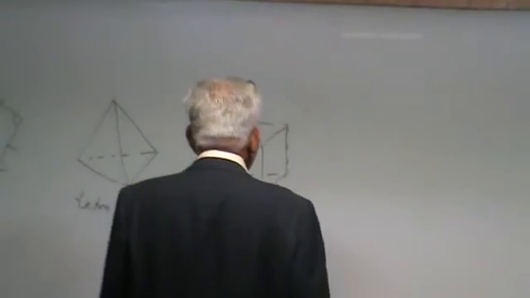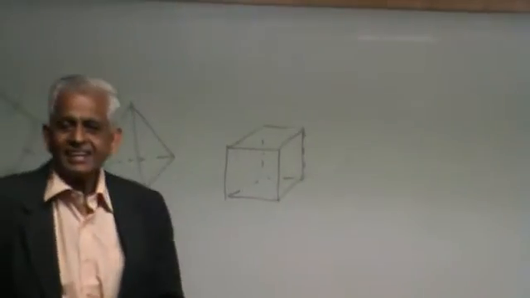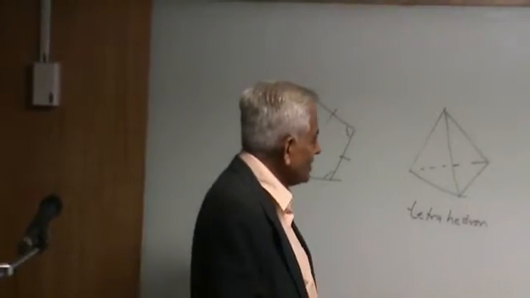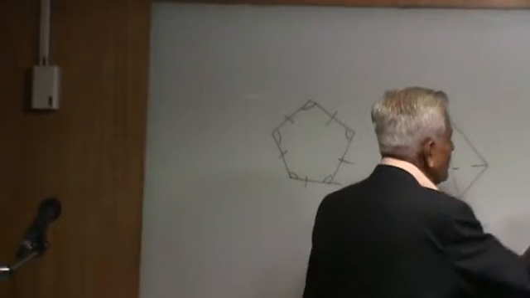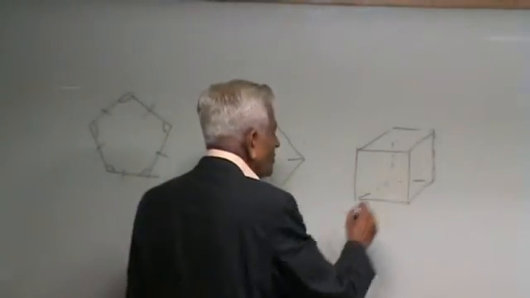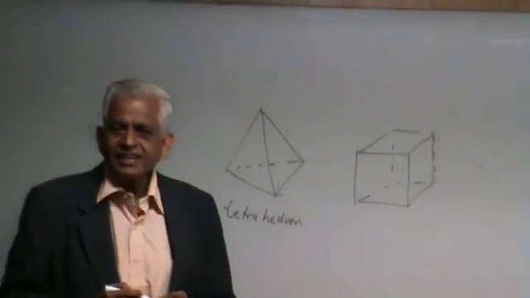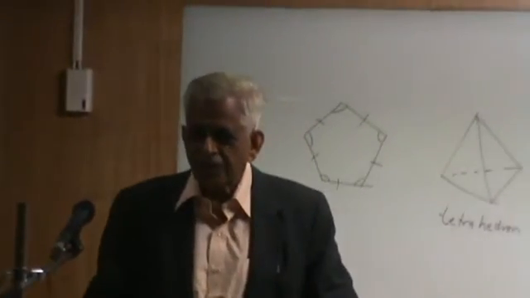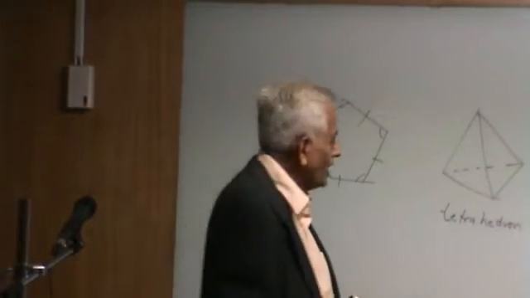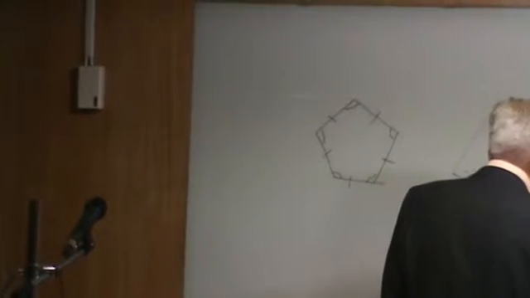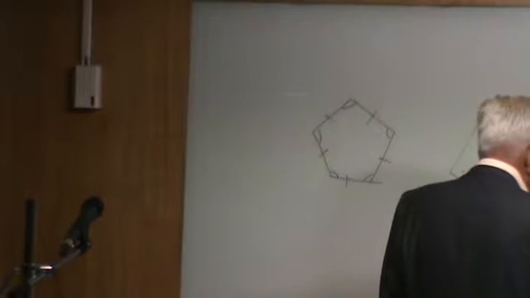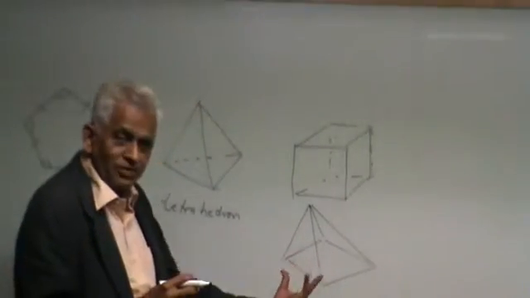Then there is a dodecahedron. Or otherwise, let me just say that if you take the midpoint of all these faces and join 2 midpoints if the faces have an edge in common, then you get an octahedron. This is like a pyramid with a square base.